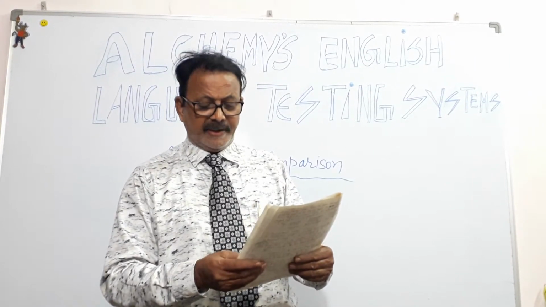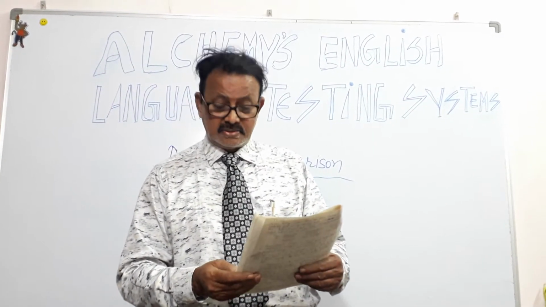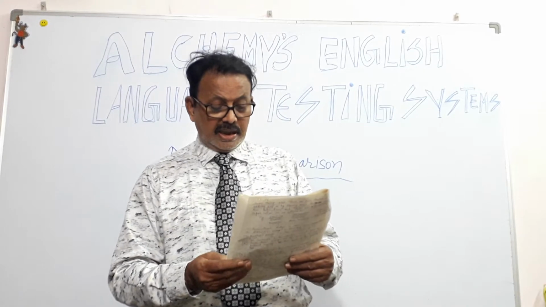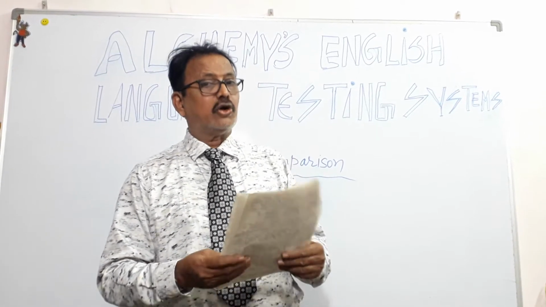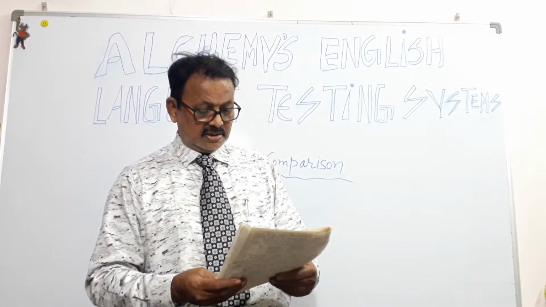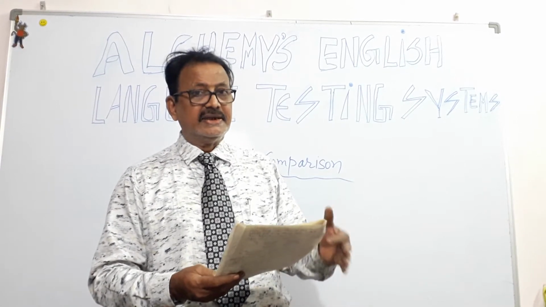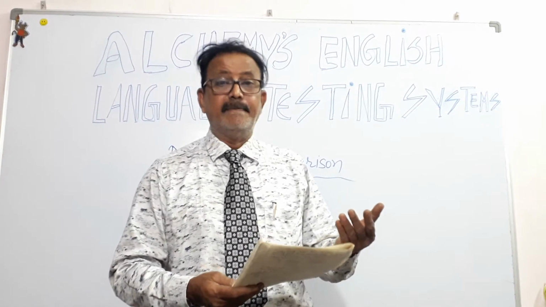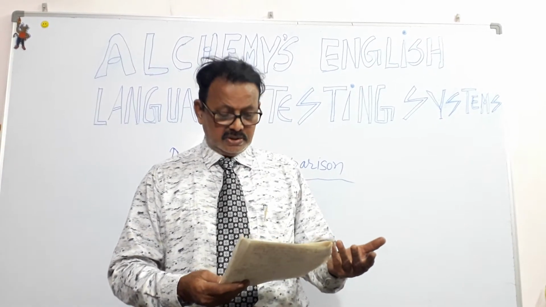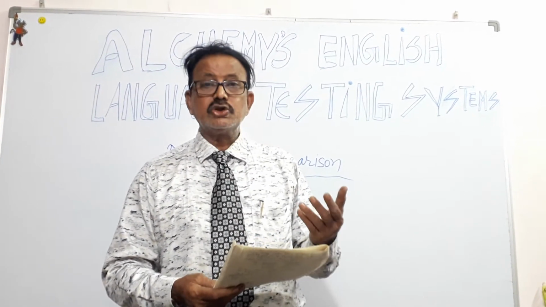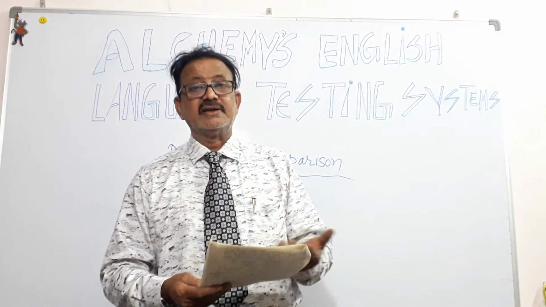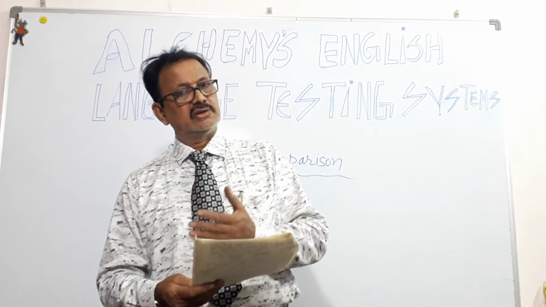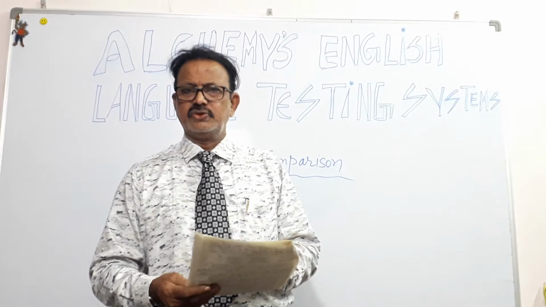Which of these two pens is the better? Apples are dearer than oranges. Which of these two pens is better? That's comparative. This girl is stronger than that girl. Strongest, like this we use.